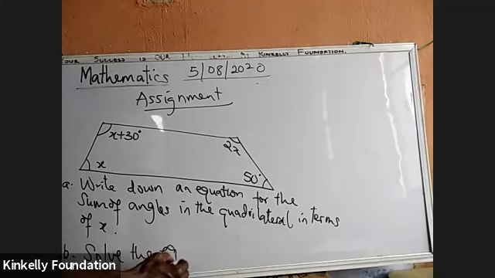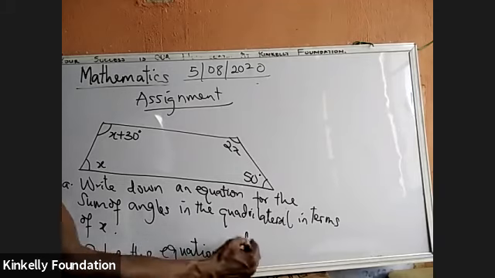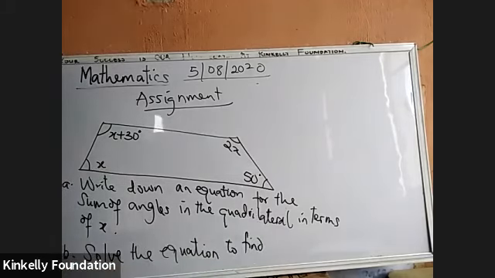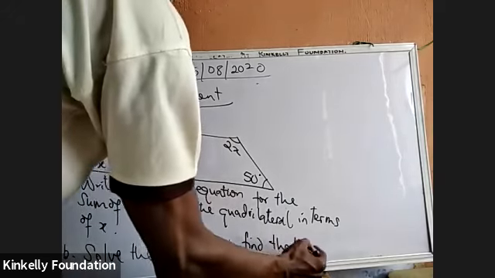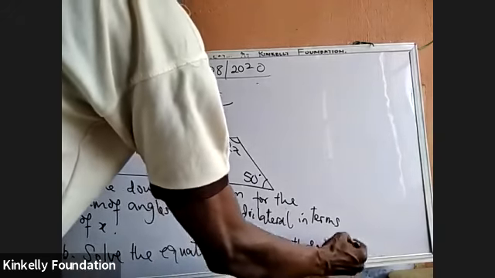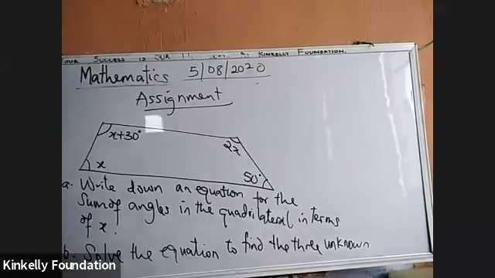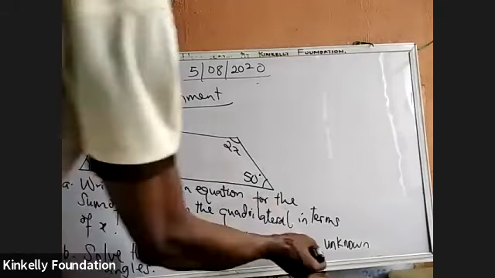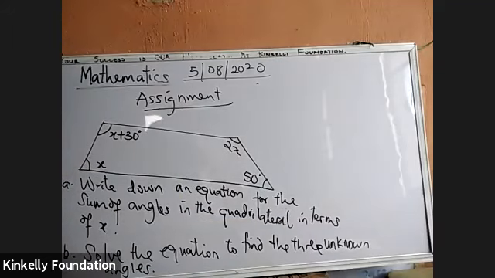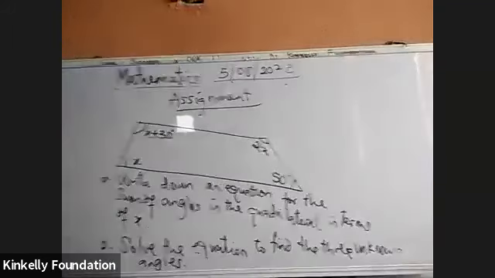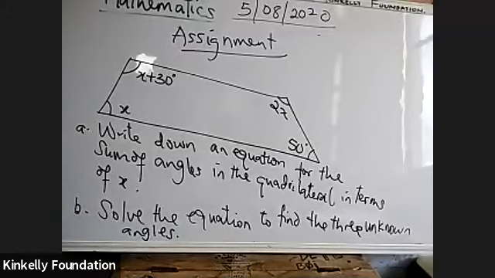to find the three unknown angles. Write down an equation for the sum of angles in the quadrilateral in terms of x.